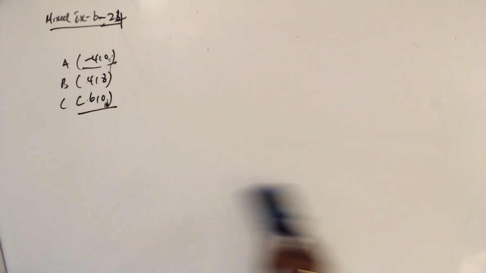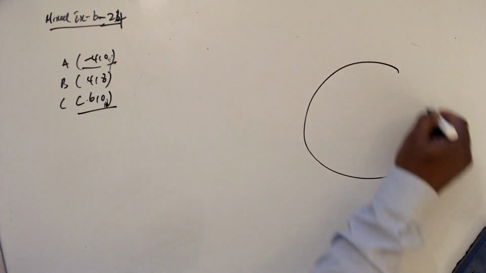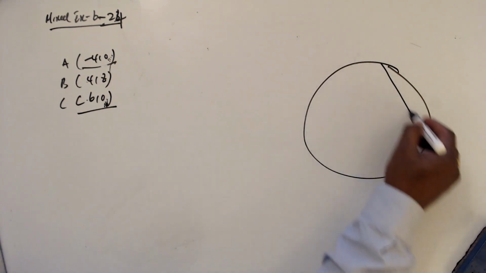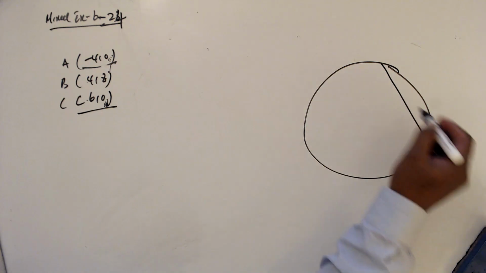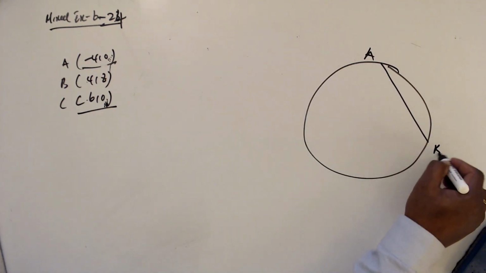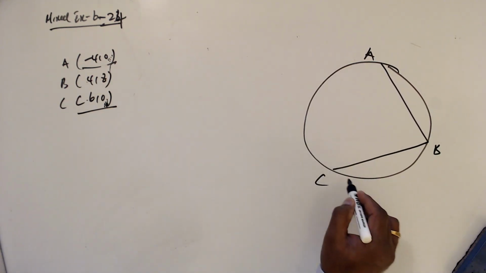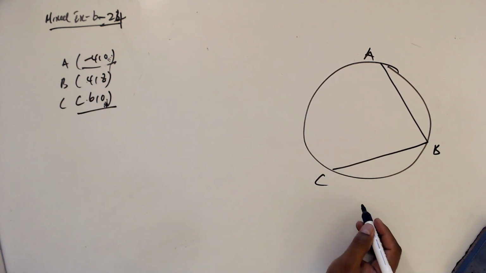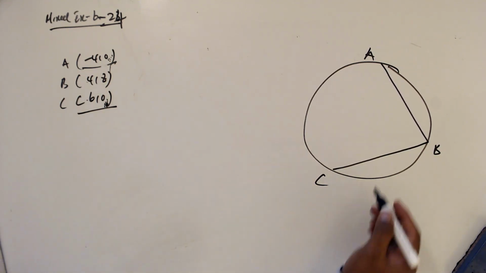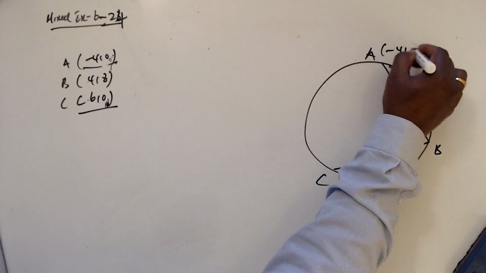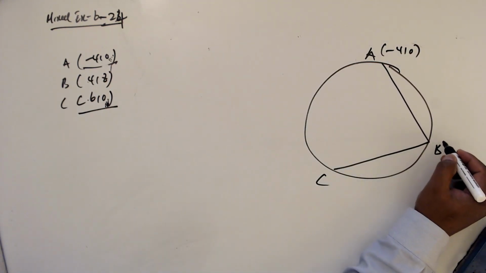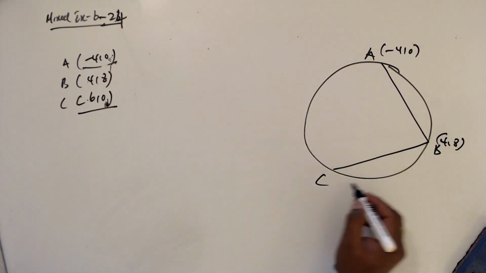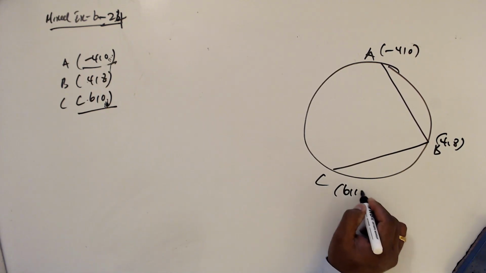The second option is like this: A, B, C. Now they are not perpendicular, and there's no diameter. What can we do? So A is minus 4, 0, B is 4, 8, and C is 6, 0.